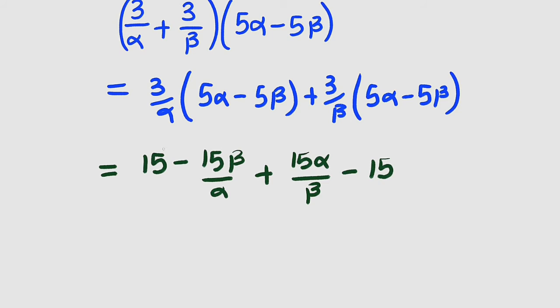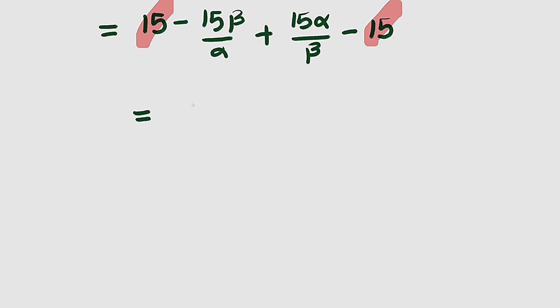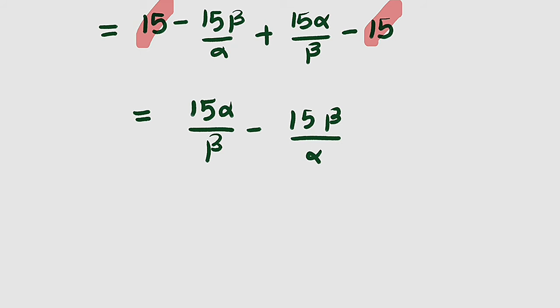And from here you can see that this will cancel this. What do we have? We have this minus this. So this is equal to 15 alpha divided by beta minus 15 beta divided by alpha.